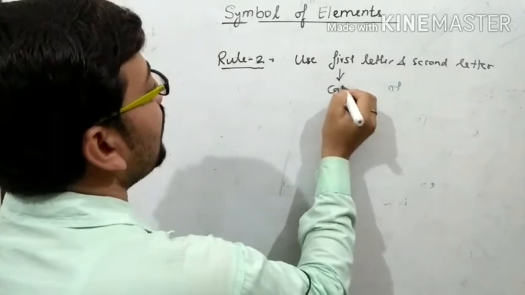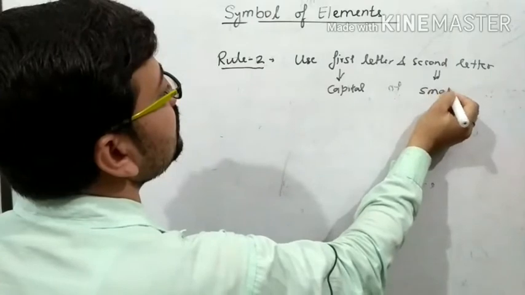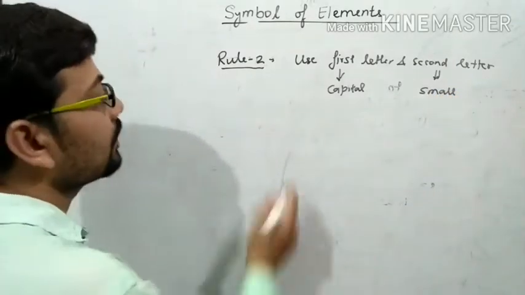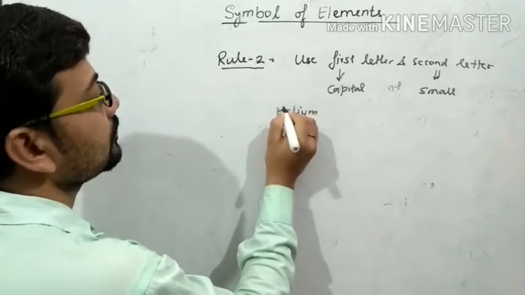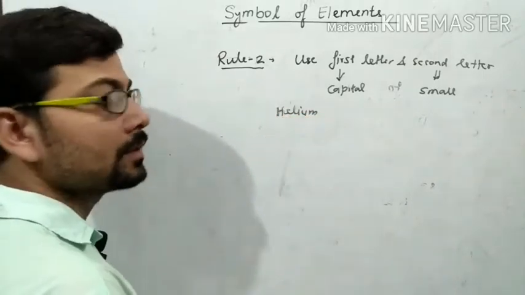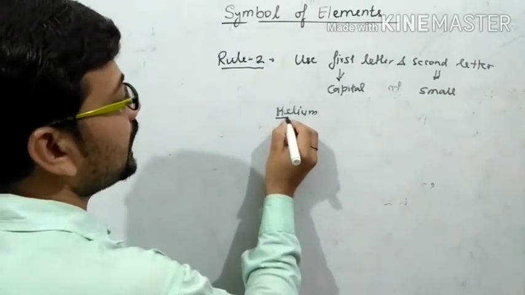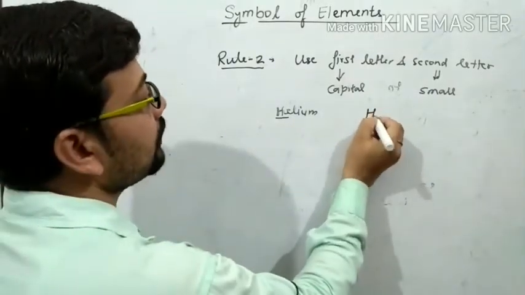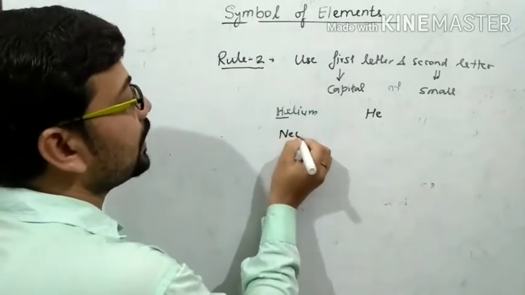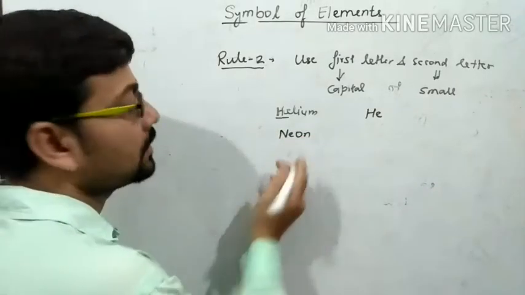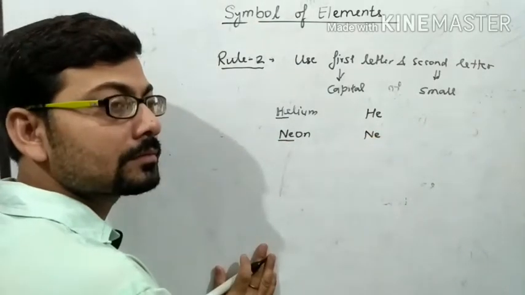The first letter is written in capital and the second letter is written in small. Like helium. What is the symbol of helium? First letter as well as second letter, so the symbol of helium is He. What is the symbol of neon? N and E. Clear?